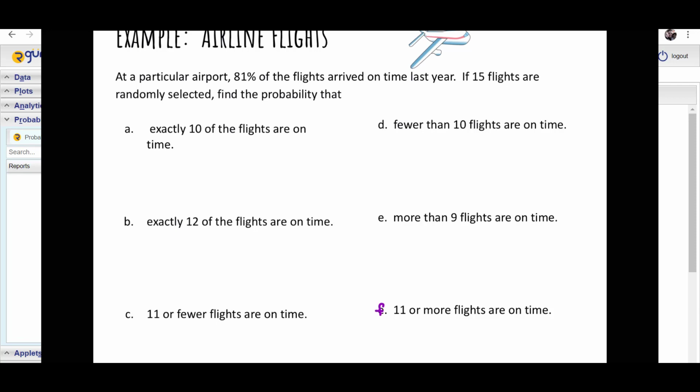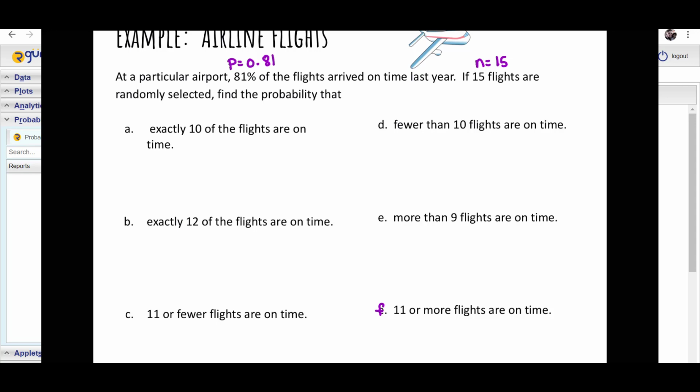So first, check to make sure it's a binomial distribution. There's a fixed number of trials. It's 15. The probability of a success is 0.81, which is the same. It's 81%. It's the same for every trial. There are 2 outcomes. Either the flights arrive on time or they don't, and the trials are independent.